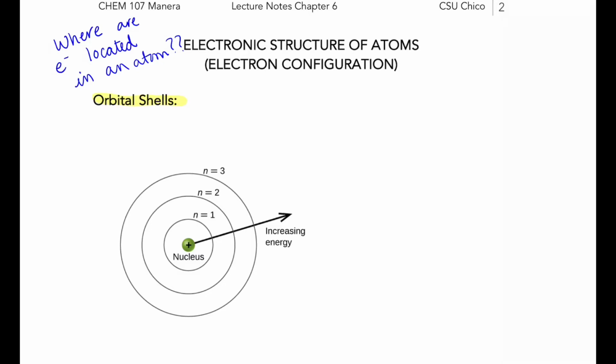Orbital shells are what we've been looking at as the orbits or the energy levels. So here, think energy levels or orbits. The correct term is going to be the shell.